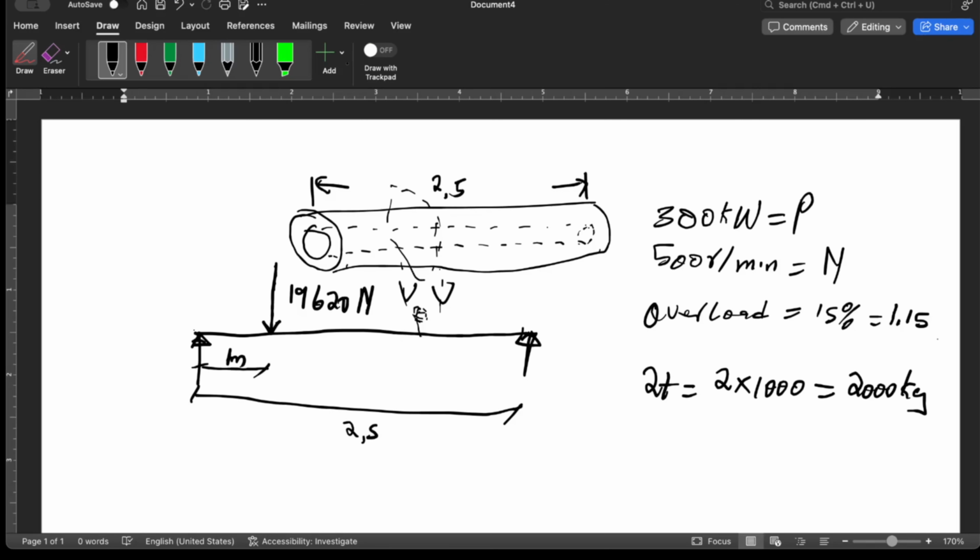At the same position, the very same pulley has another force, which is 3000 newtons plus 800 newtons. Again, this one is T1 plus T2 because both of them are pulling the shaft downwards.